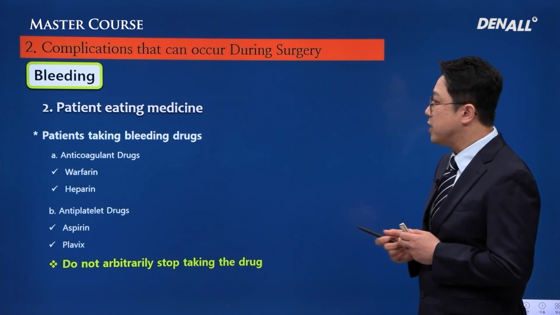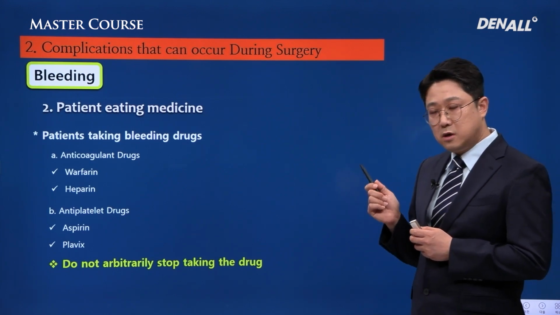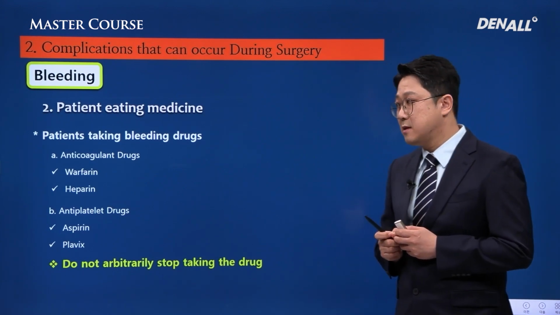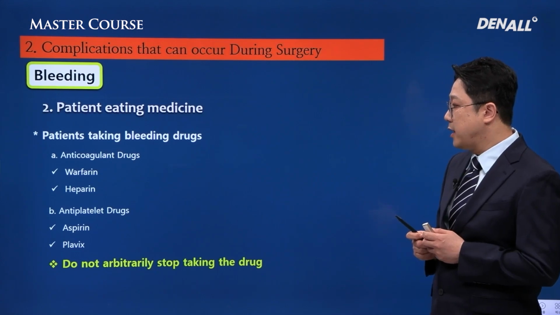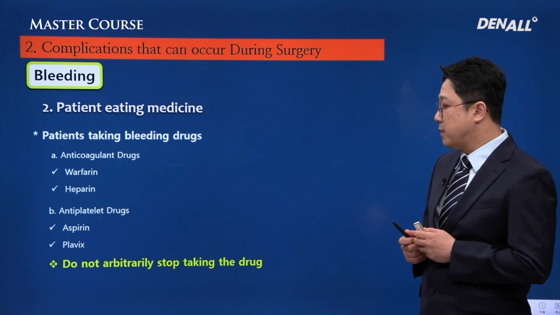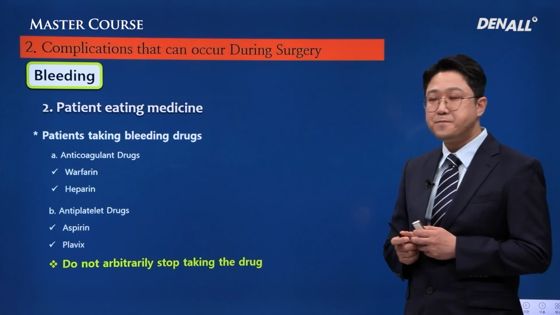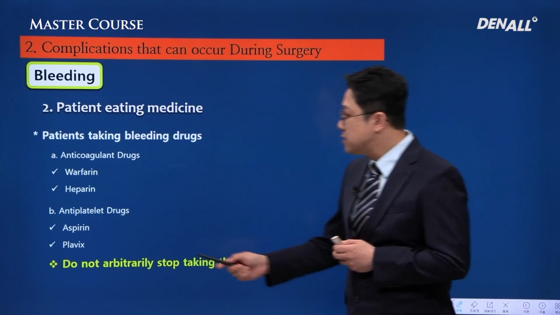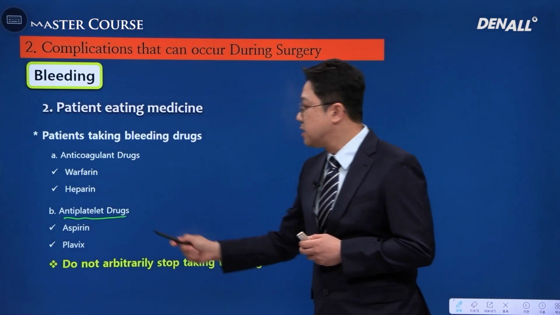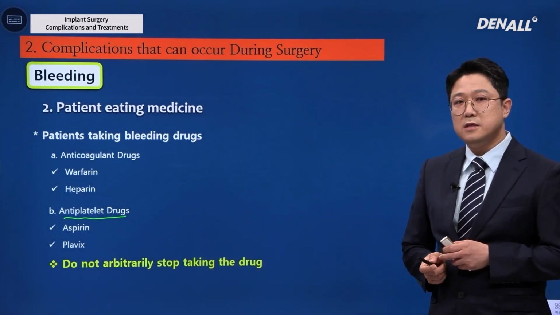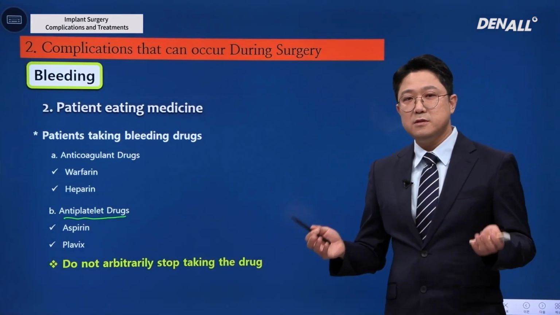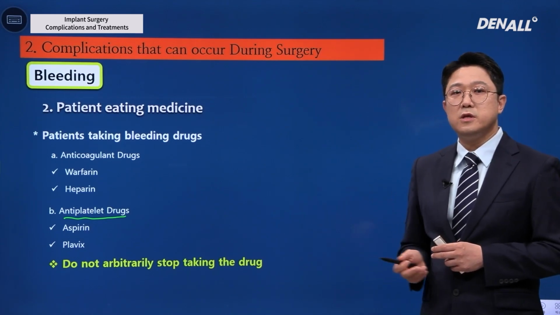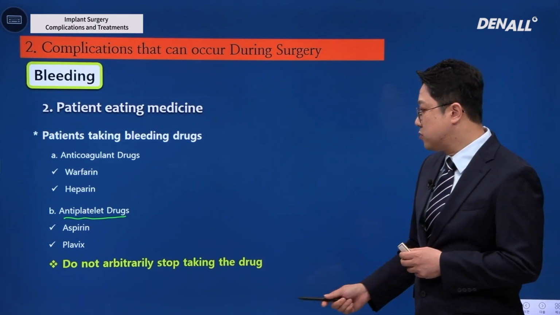Also, another factor is the medicine that patients take. If the patient takes anticoagulant or antiplatelet drugs, there can be excessive bleeding. Some dentists randomly recommend the patient to not take these drugs for a couple of days, perhaps 3 days or a week, but this should not be done.